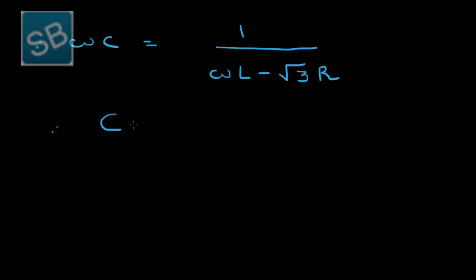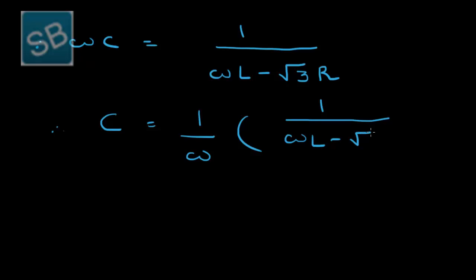Therefore, the value of capacitance C is equal to 1 over omega into 1 over (omega L minus under root 3 r).